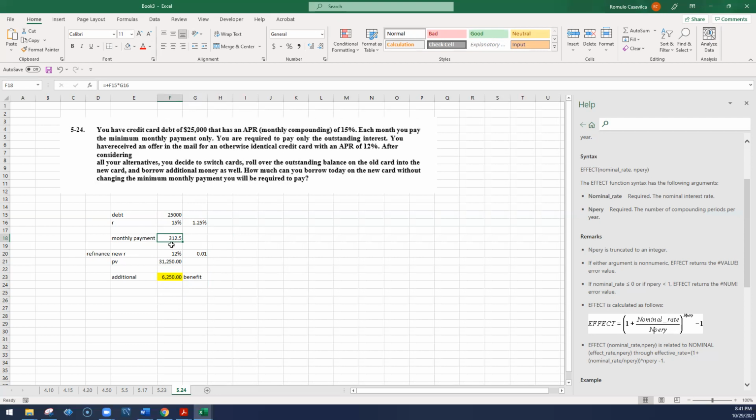So how much more can they lend me with this interest rate? They can loan me 31,250, which is way more than 25,000, right? So this is the benefit. They can lend me more money, so I can expand my credit line by paying the same amount I used to pay before.